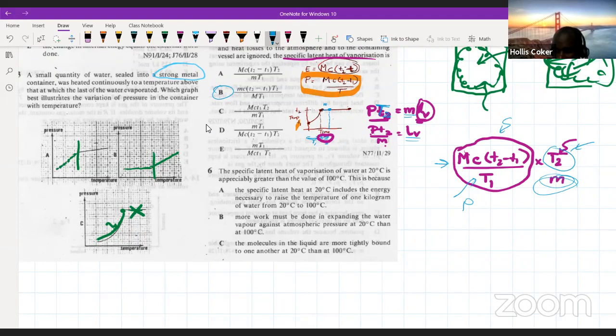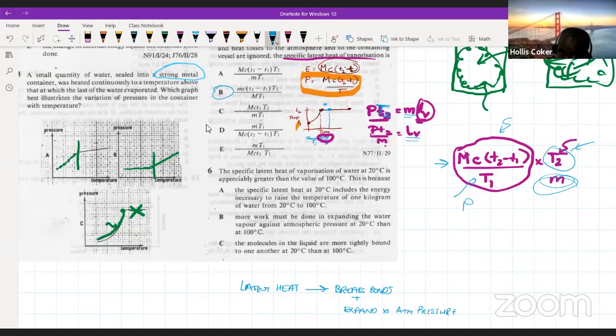You have to overcome the attractive forces in the phase you're in, and then you have to expand against atmospheric pressure. The energy for latent heat breaks bonds first within the phase, and after that, you must expand against atmospheric pressure, pushing back the atmosphere on the surface to get into the vapor phase.